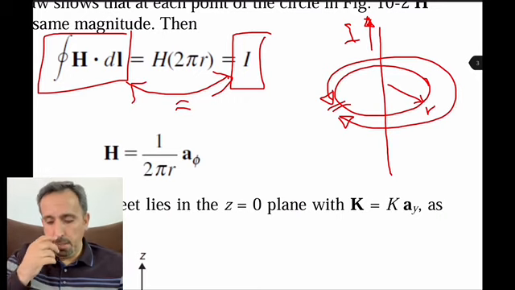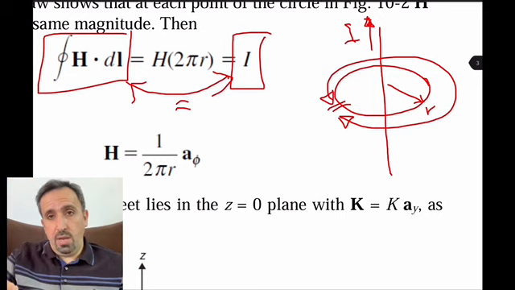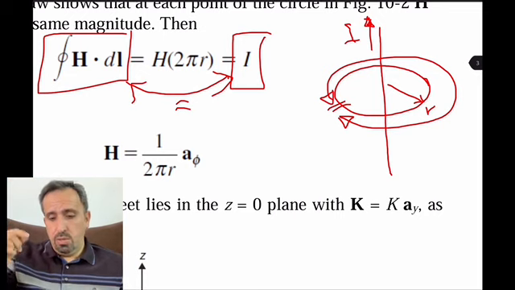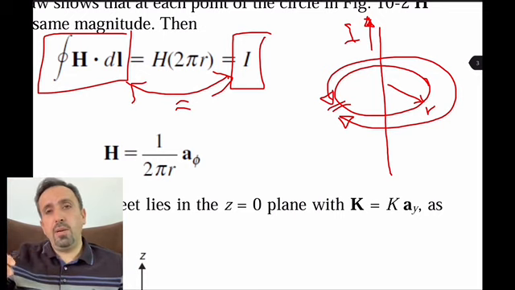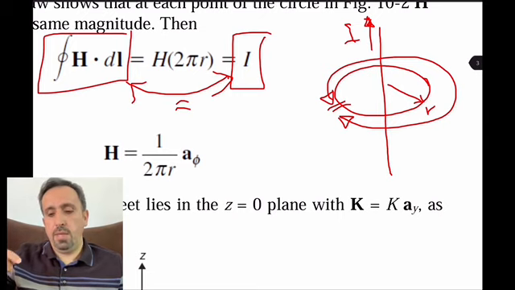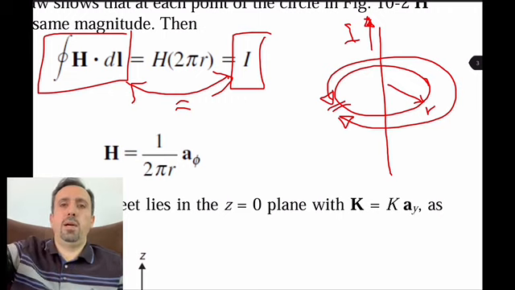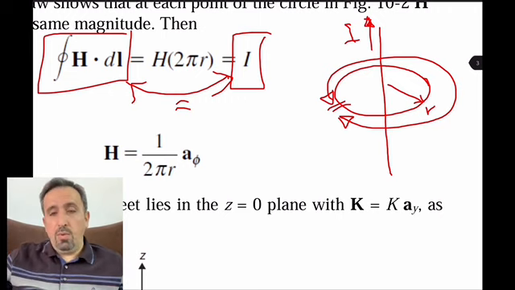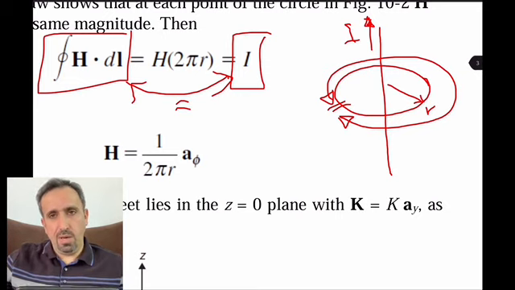We have this line having this current. If you take the Ampere path as a ring around this line with a certain radius, unspecified, R, for any R.